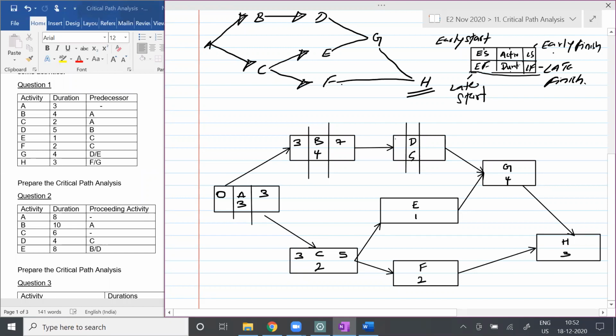And now let's go to D. In order to start D, how many weeks should it take? 7. So 7 plus 5 is how much, students? 12. Is that fine, students? Yes.